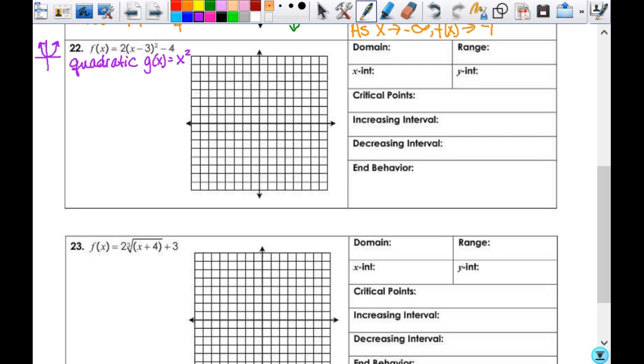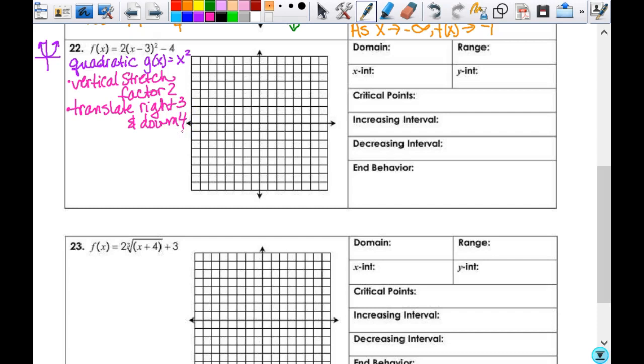So our transformations here, this 2 is on the outside, so this is going to be a vertical stretch factor of 2, and then these are translations, so I'm going to translate right 3 and down 4.